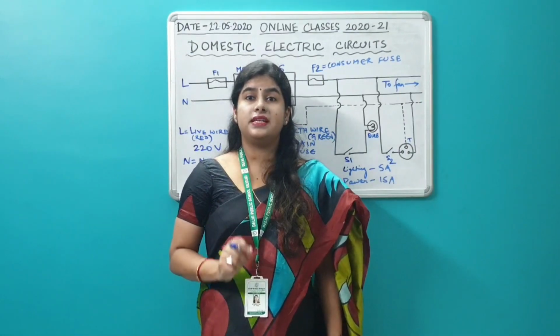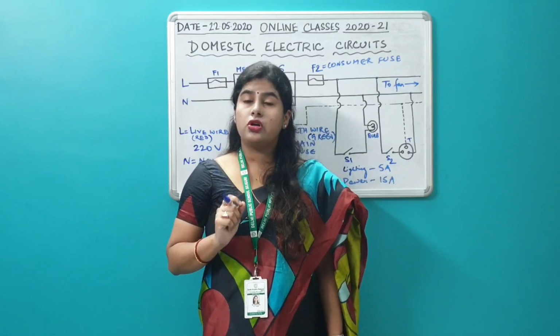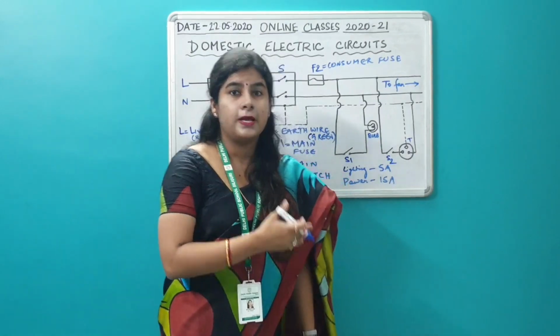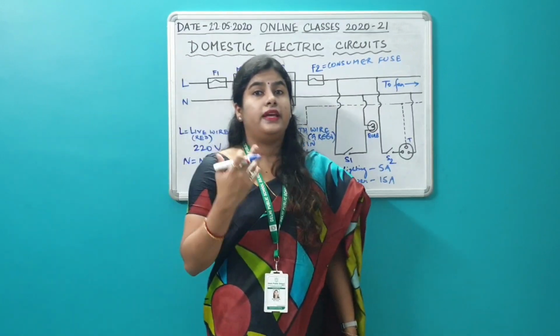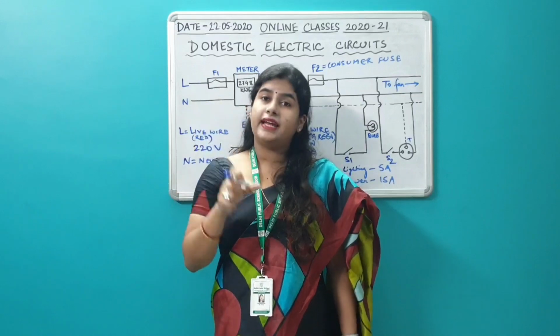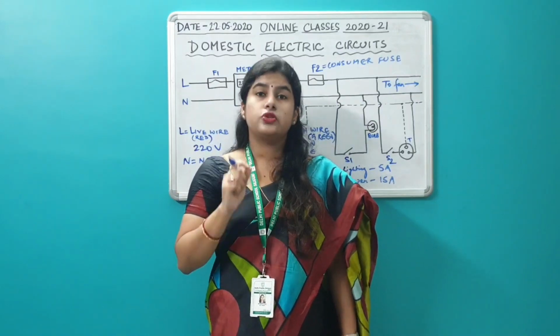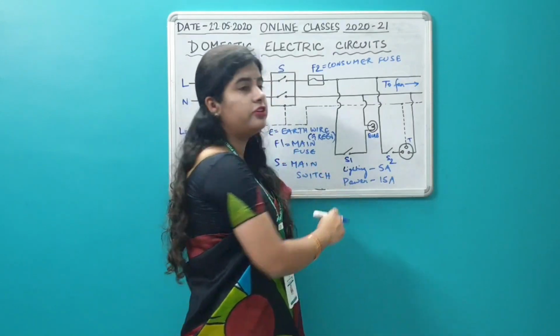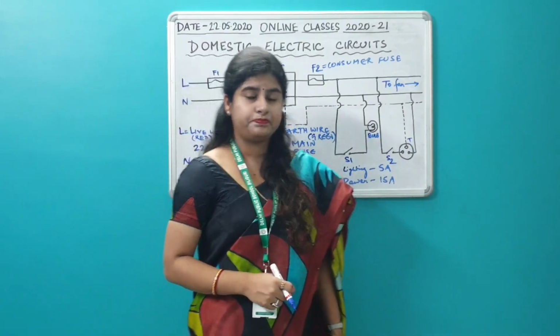Those appliances which draw a huge amount of current, for example the refrigerators, your geyser, your electric kettle, electric iron, whose electricity consumption is more, are connected to the power circuit having a fuse of 15 ampere.